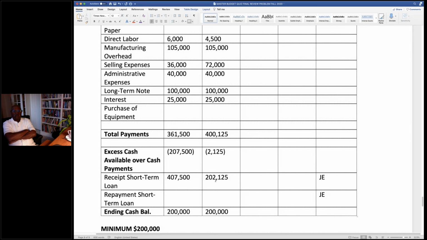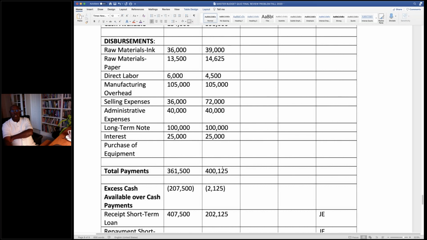My numbers are different. I don't know if I'm doing something wrong because my total payments are different. But you could have made a mistake in that. What are your total payments, Belle? Hold on, let me make sure I'm doing it right.